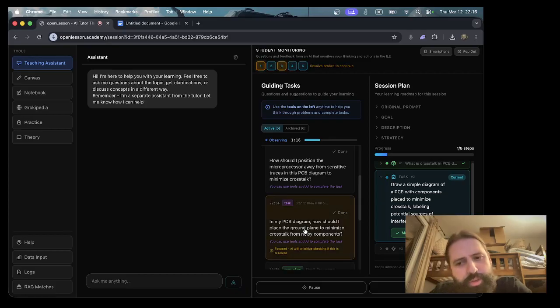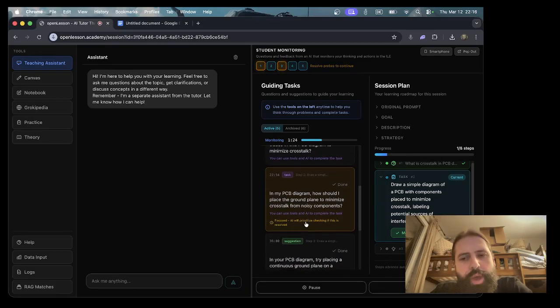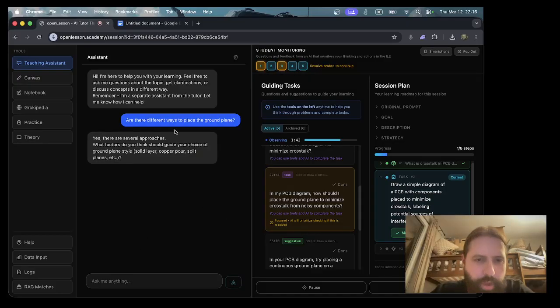This is an interesting discussion because, to be honest, I didn't know that there were different ways to place the ground plane. Let's ask: are there different ways to place the ground plane? First of all, you notice how fast it is.